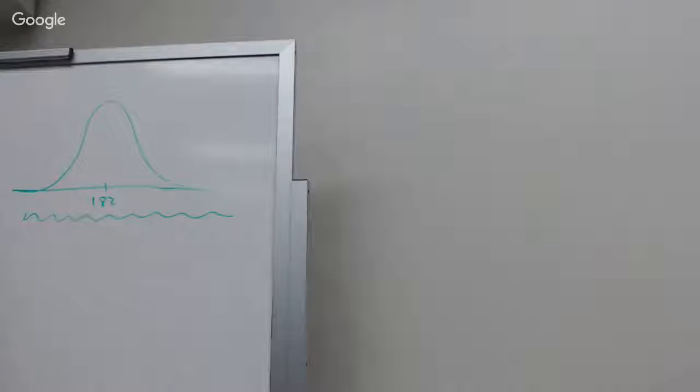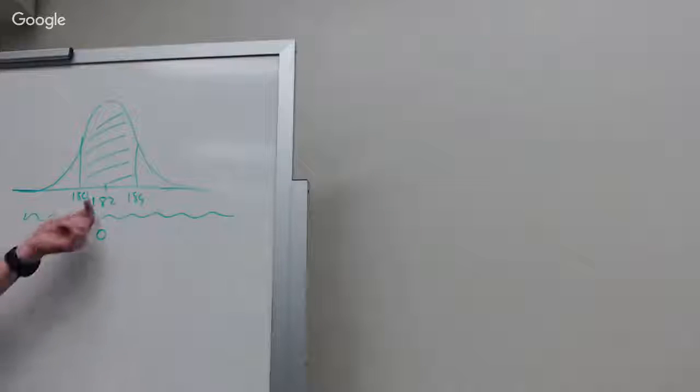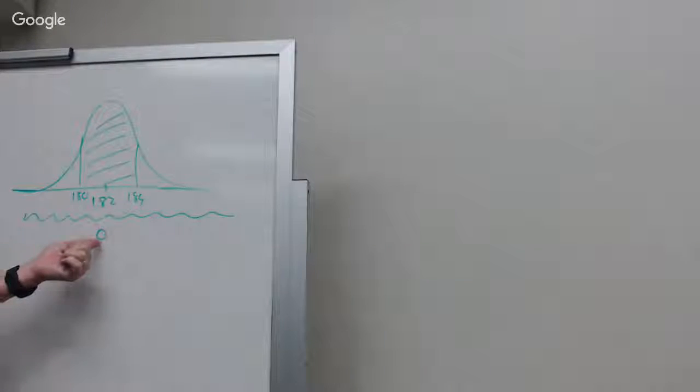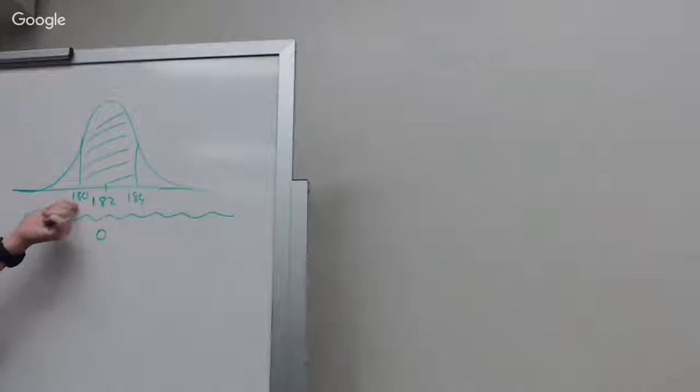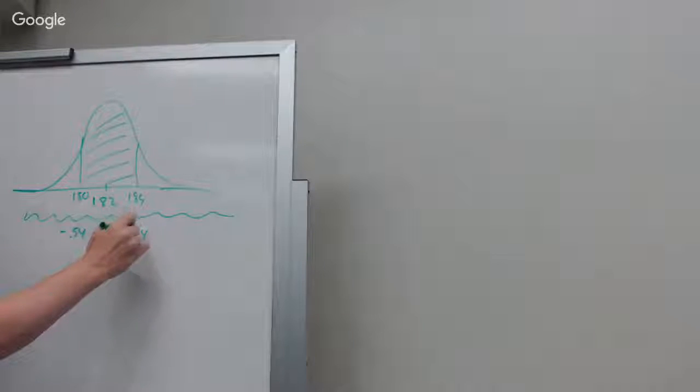What's the mean of a standard normal distribution? 0, thank you. Okay, now I want to know the values from 180 to 184. I want this area in the middle, correct? Okay. So I've converted the 182 to a 0. What is the 180 now? Negative 0.54, okay, and positive 0.54.